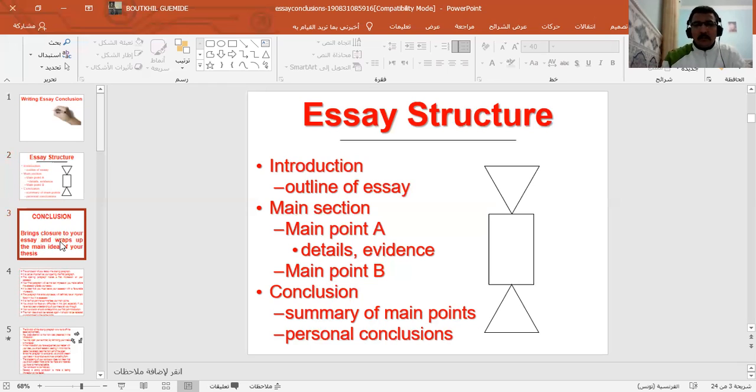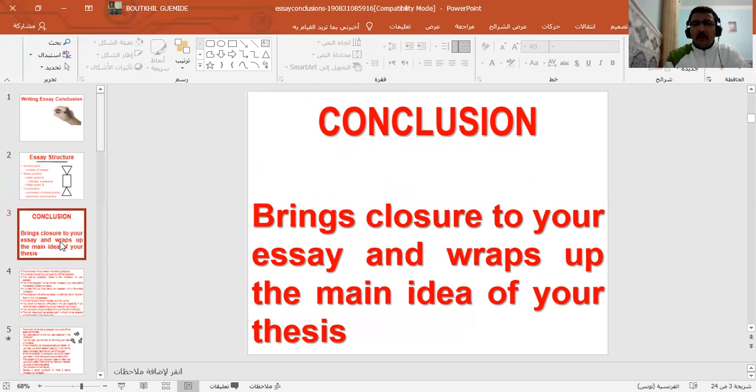So the conclusion of the essay always brings a closure to your essay and wraps up the main idea of your thesis statement. It always informs that the writing of the essay has come to an end, right?